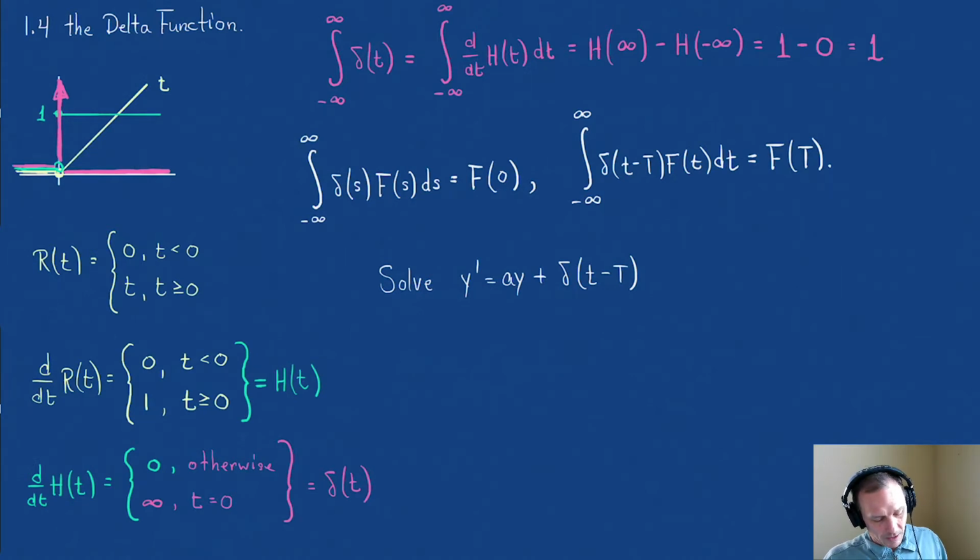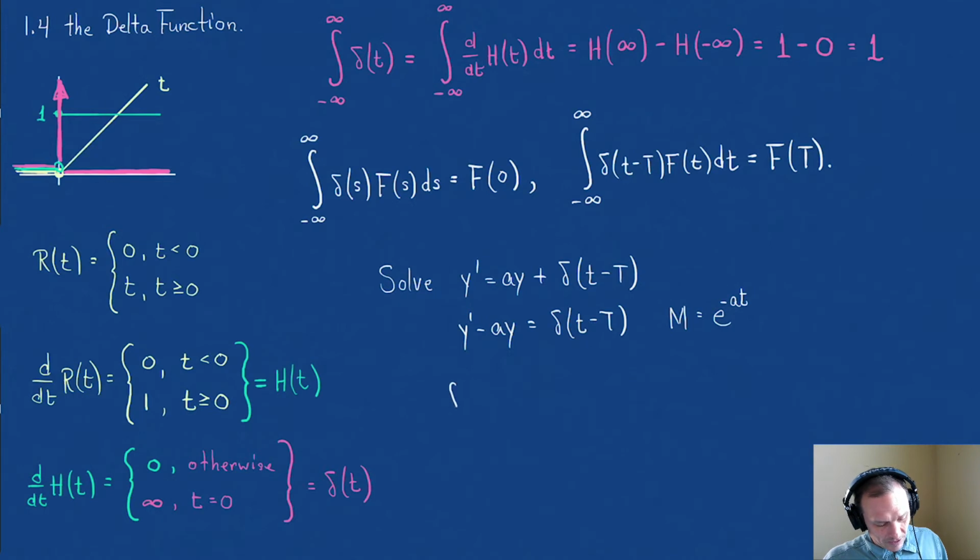Okay, we start out with our integrating factor. So y prime minus ay equals delta of t minus T. And then we said our integrating factor m in this case is e to the minus at. So we multiply by that.